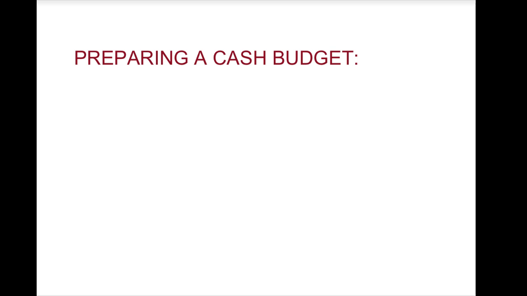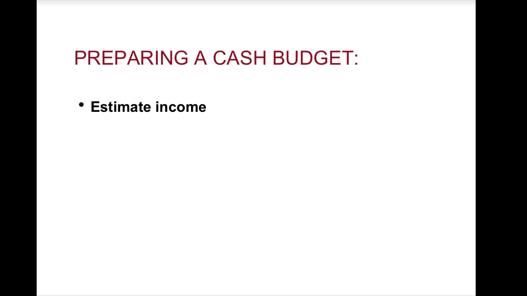Preparing a cash budget is very important. You want to estimate your income. For instance, I can sit down and say, well, I make $2,000 a month or every 2 weeks from one job, and you have several slots on those budgets that you can get from Microsoft Excel for sources of income. And you can plug in all sources of income, even if it's income tax refunds and other incidentals that come in throughout the year.